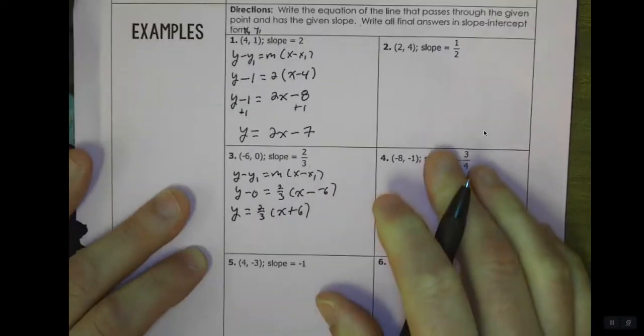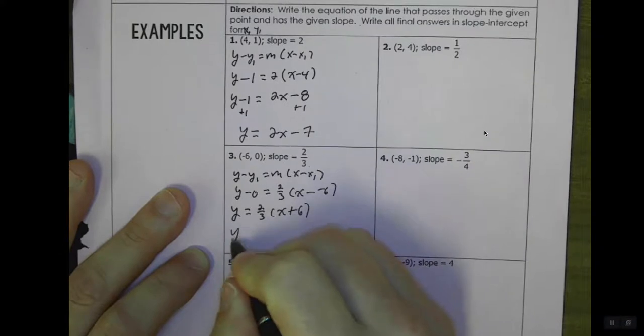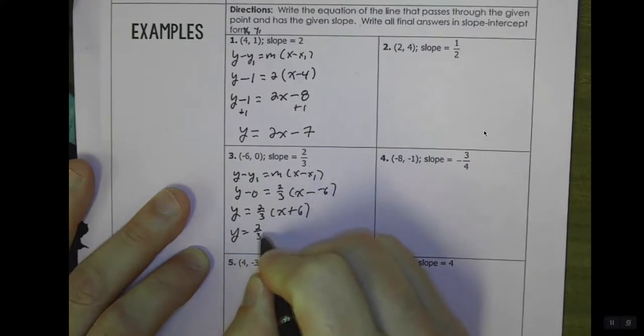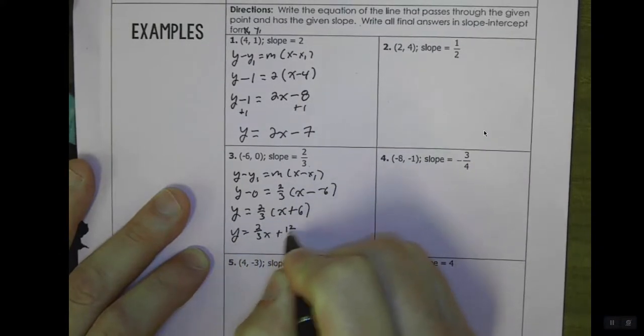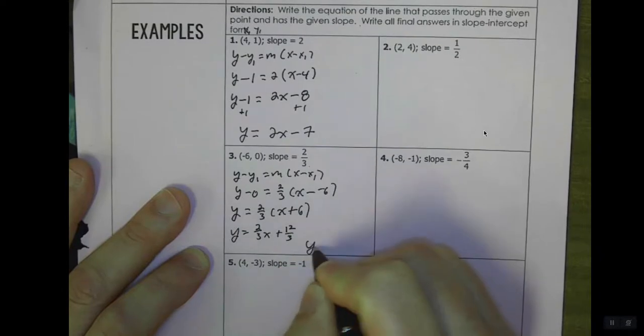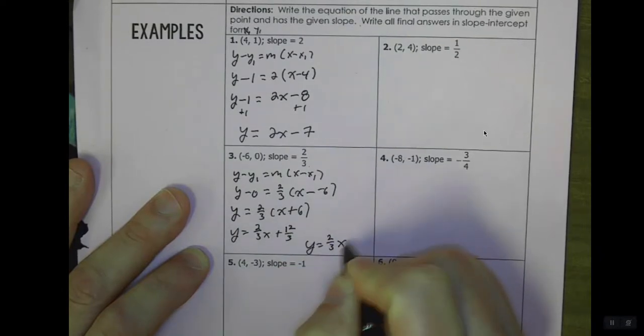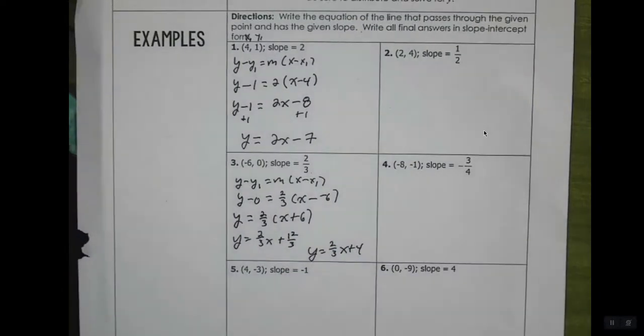And then I distribute. So I get y equals 2/3 x plus 12 over 3. And when you reduce and simplify, you get y equals 2/3 x plus 4. Why don't you pause the video, see if you can get number 4, and I'll see you back here in a minute.